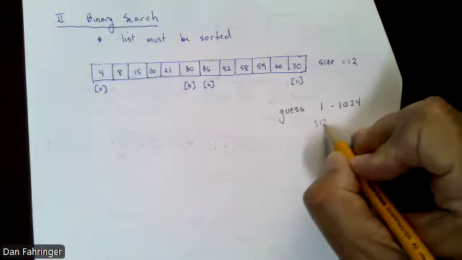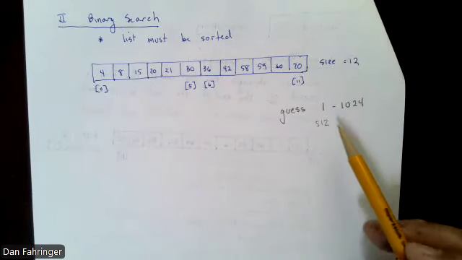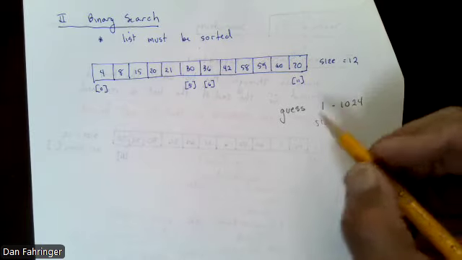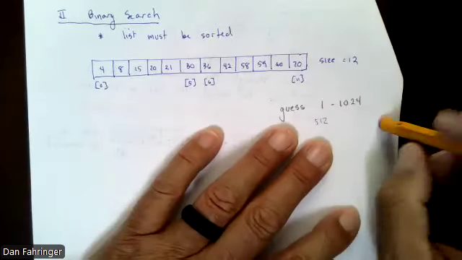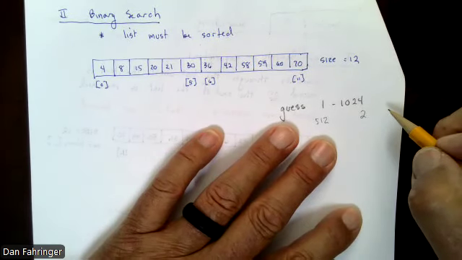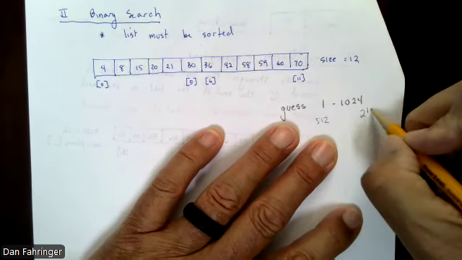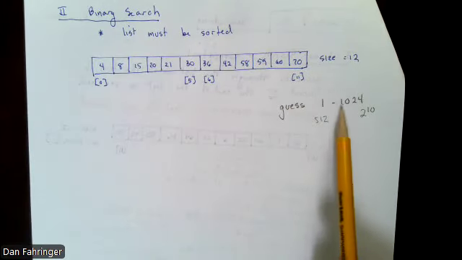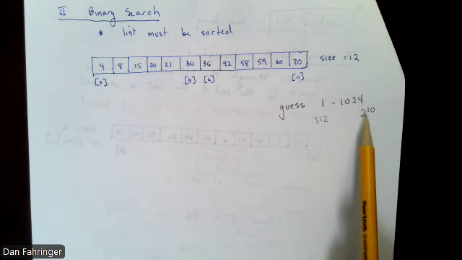And then based on higher or lower, you just keep cutting that difference in half. 1,024 is 2 to the 10th power.